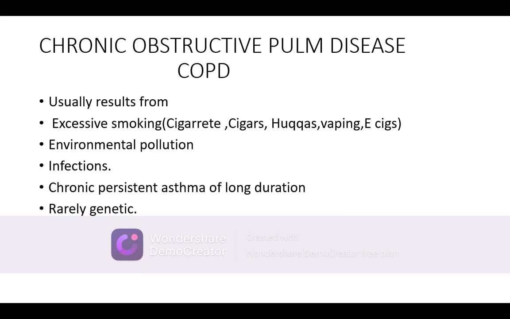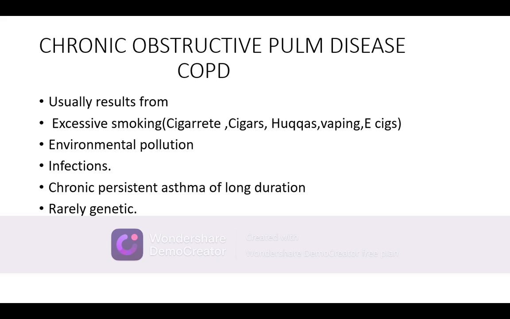Now, chronic obstructive pulmonary disease, what is this? As the name suggests, it is a chronic, progressive, obstructive disease, and usually results from excessive smoking, cigarettes or cigars, hookahs, vaping, e-cigarettes, environmental pollution, infections, or chronic persistent asthma of long duration.